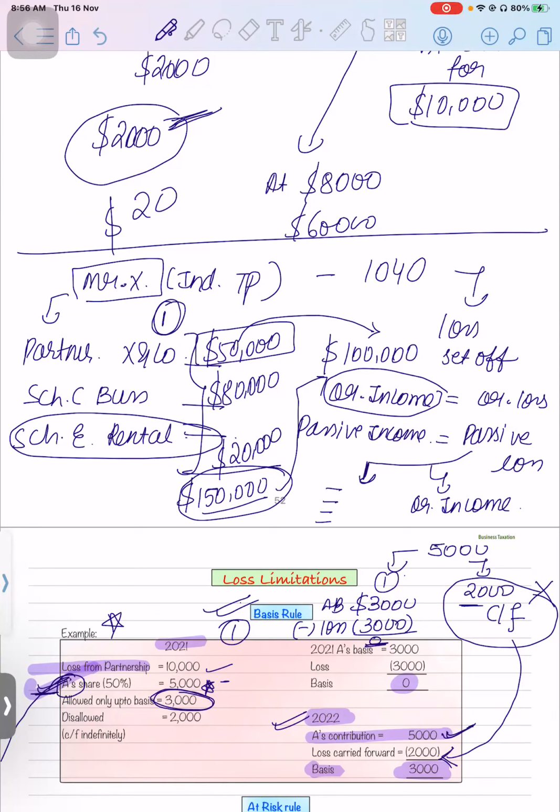Let's say Mr. X is having a basis of 30,000 in the partnership firm, and he is having 10,000 at risk. So the whole 50,000 cannot be deducted from this 1 lakh. Only 40,000 will be allowed. Remaining 10,000 will be carried forward to next year.